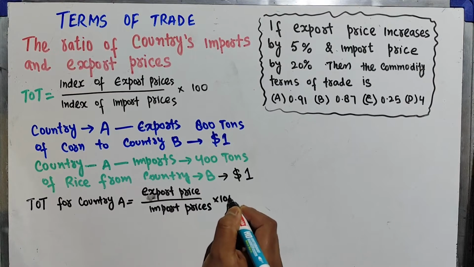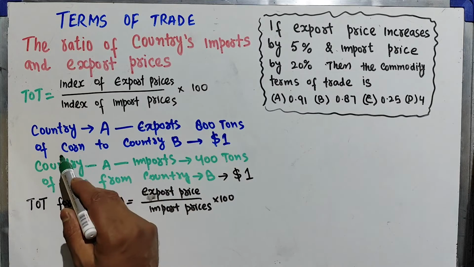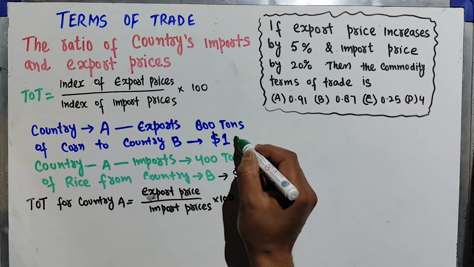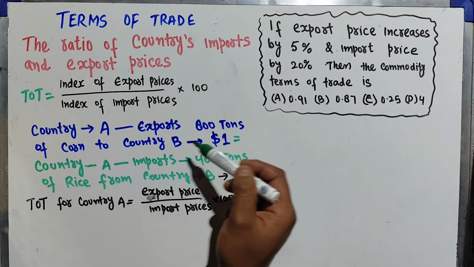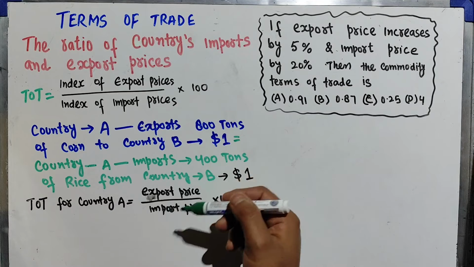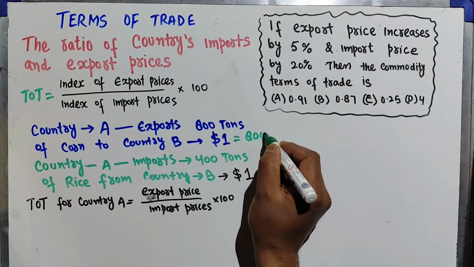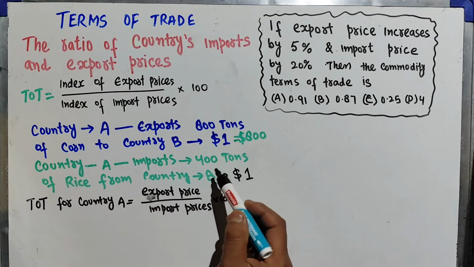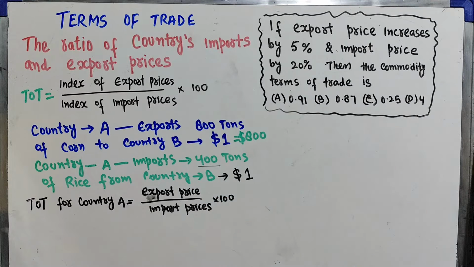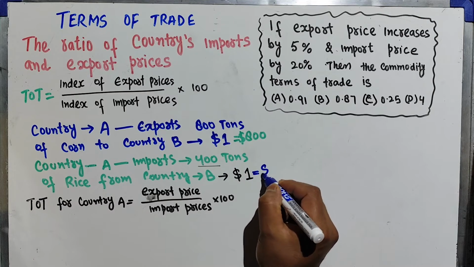times 100. Now if country A is exporting 800 tons of corn to country B, then the export prices equal the price of 1 ton of corn times the number of tons exported, so we have $800 as the export prices. Symmetrically, since 400 tons of rice are being imported and the price of each ton is $1, the import price is $400.